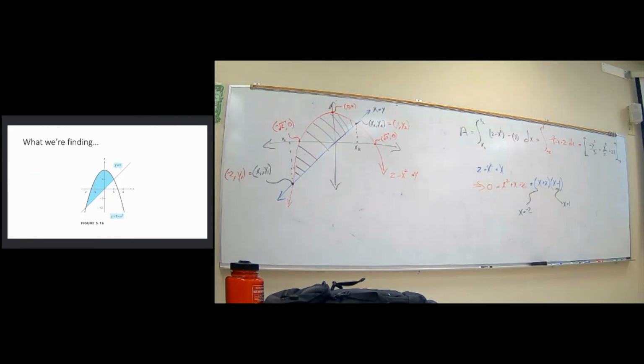Something that might be convenient to notice, from negative 1 to 1, well, let me step back. The function x is odd, right? And the function 2 minus x squared is even. So from negative 1 to 1, the integral of x is going to be 0, right?